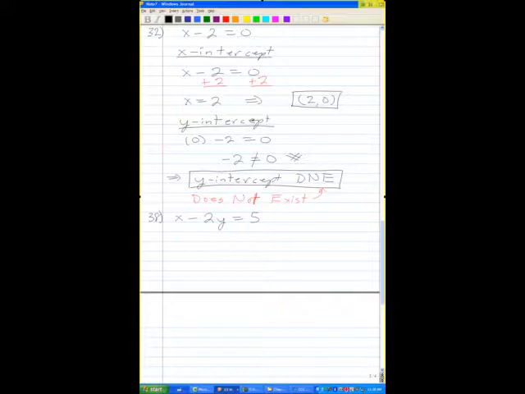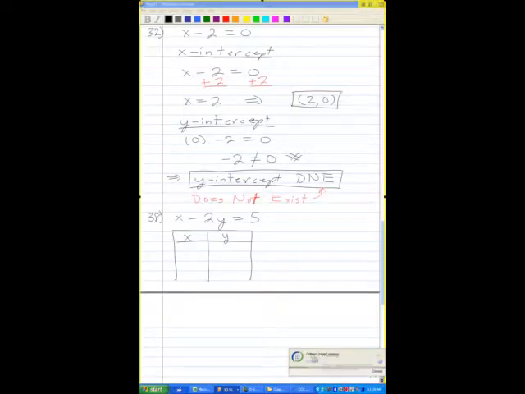Okay, so let us try to find a table of values. So I'll just do a table of values and then try to plot the points, and then I'll draw a line through these 3 points. Again, you only need 2 points, but I'll do 3 just because I'll have one of them as a check for the other one.